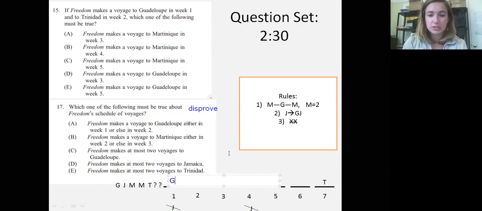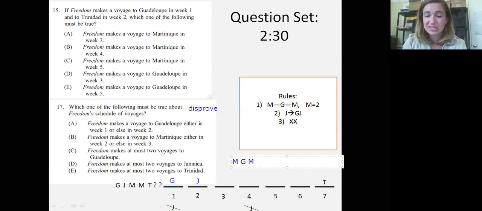So maybe I'll put a G with a J right here. Then I know I'm going to need to do my M, G, M rule still. So I'm going to need M, G, and an M. That's going to take up 3 of my spaces. I'm only able to get 1 more J on there.